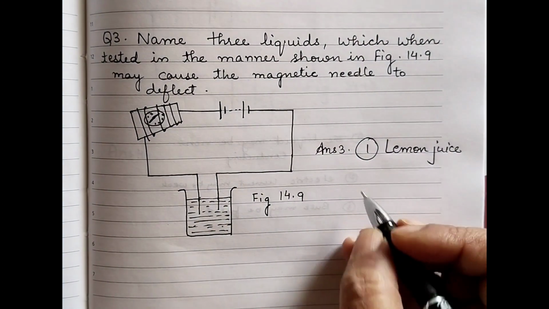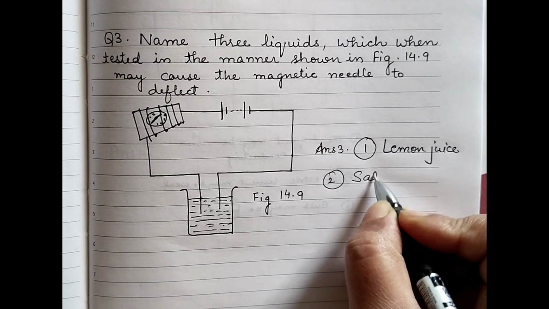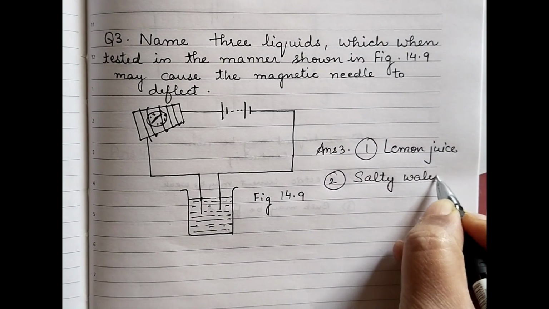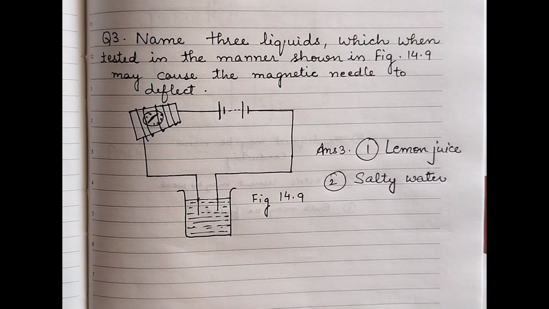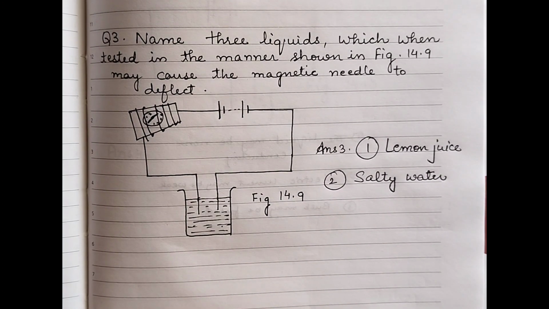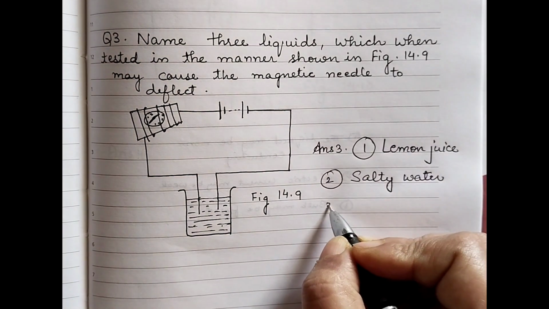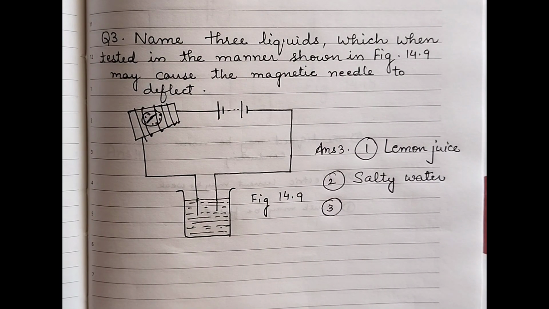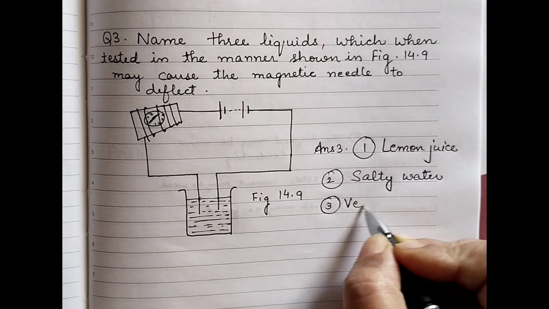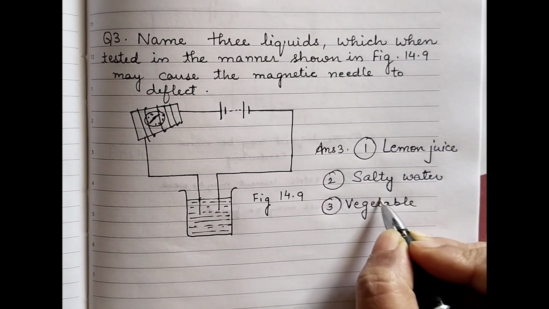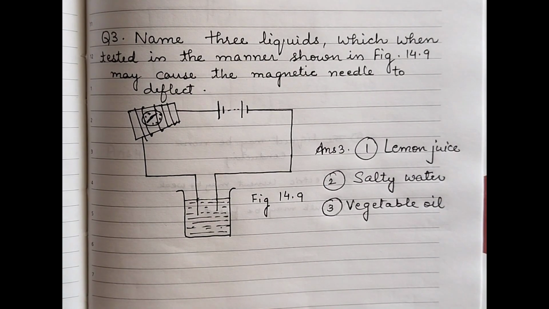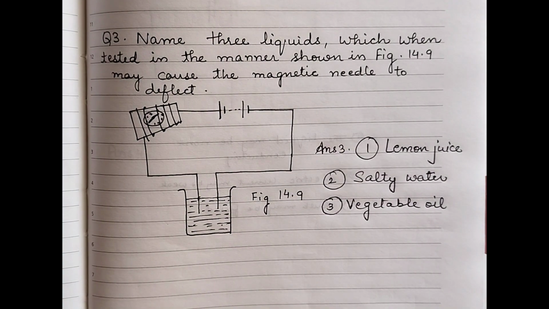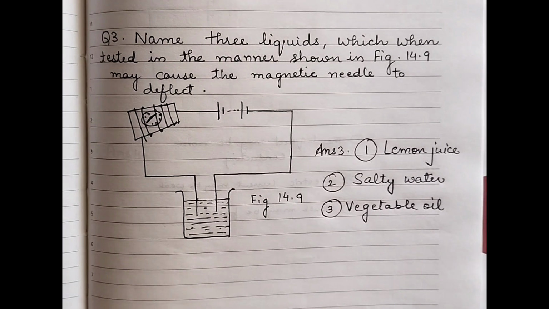Number 2, salty water, which is a very good liquid used to test electric currents. Number 3, vegetable oil. These are the 3 liquids which may cause the magnetic needle to deflect in a circuit.